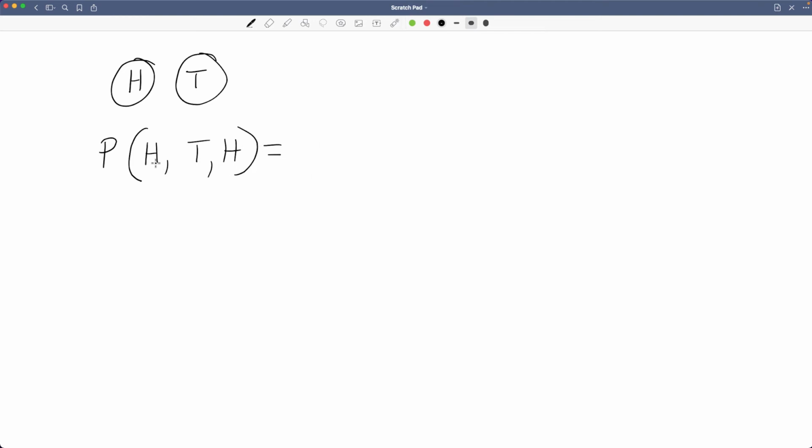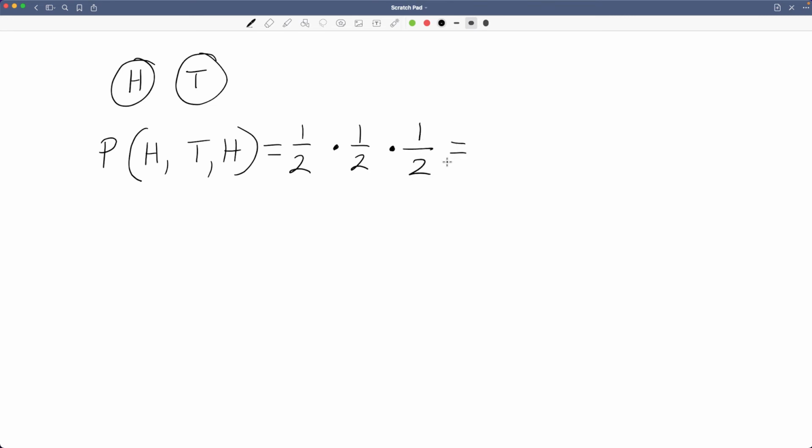The probability of tossing a heads on an independent flip is 1 out of 2 outcomes, right? So the probability of me getting tails is the same, 1 out of 2 outcomes. And then the probability of me getting a heads in an independent flip would be 1 out of 2.